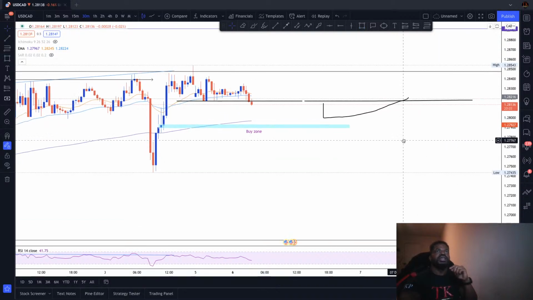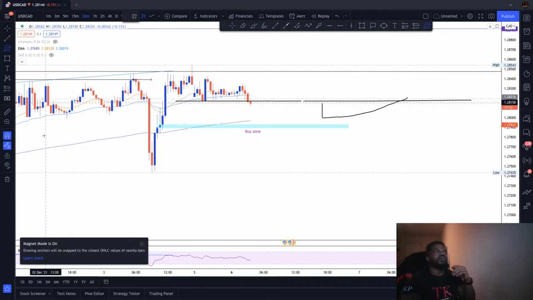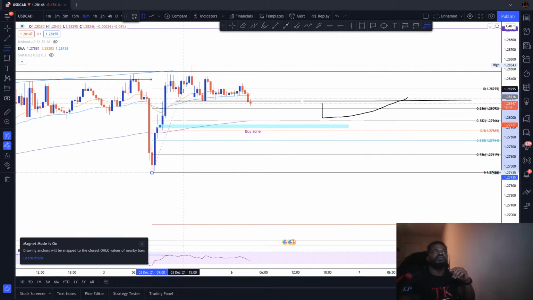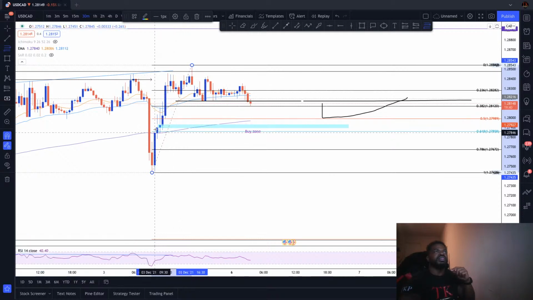Alright, now that level just so happens to fall right on the 200 EMA on the 30-minute chart. And let's say, just in case price breaks structure here on a lower time frame, if we get a pullback to that area, this falls right in between the 50 fib and the 618.